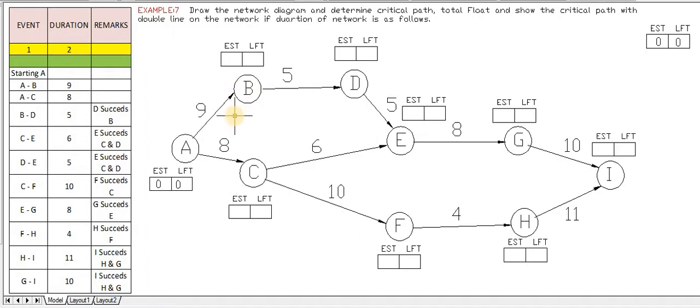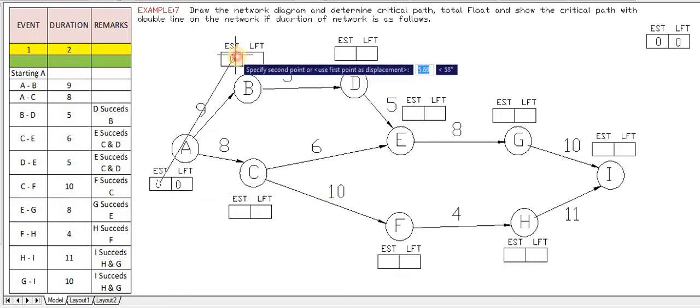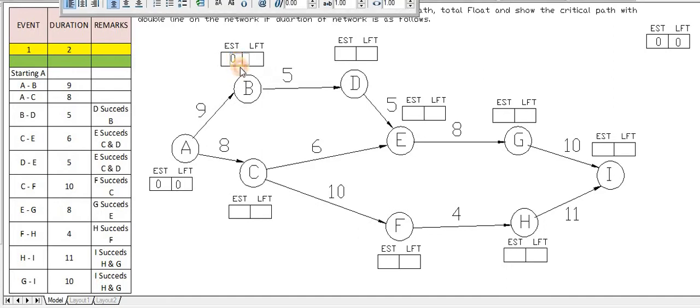How many converging arrows are there? A to B has only one arrow. That means A's value is to be added. So 0 plus 9 is nothing but 9. So we will copy this and edit this as 9. So this point is 9.